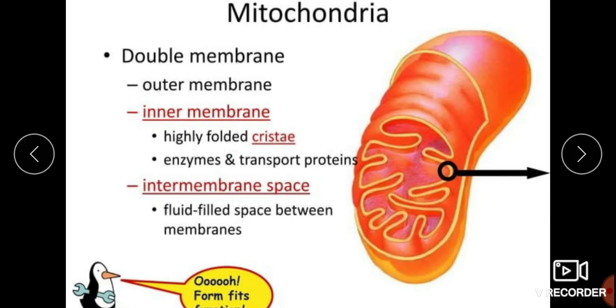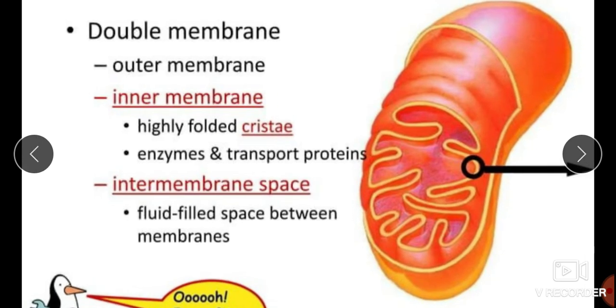The organelle in which the ETC is present is the mitochondria. The mitochondria is made up of a double membrane, or two membranes. One is the outer membrane and the other is the inner membrane. The inner membrane is a highly folded structure, and this unit of the inner membrane is a cristae.